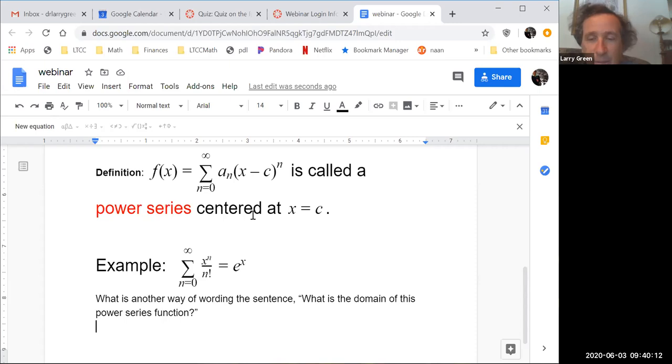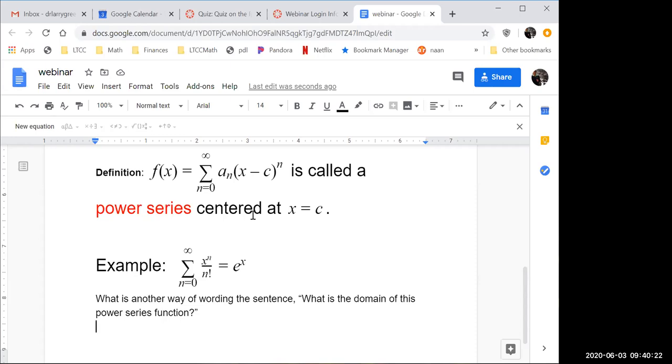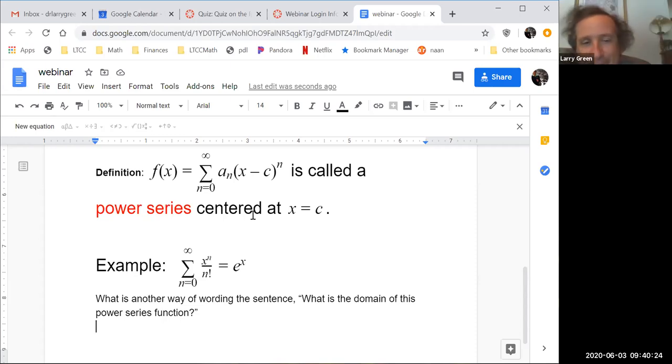The domain isn't a yes or no question, and "does it converge or diverge" is a yes or no question. Does that make sense? So what we want to do is think about how this relates converge or diverge to the domain.